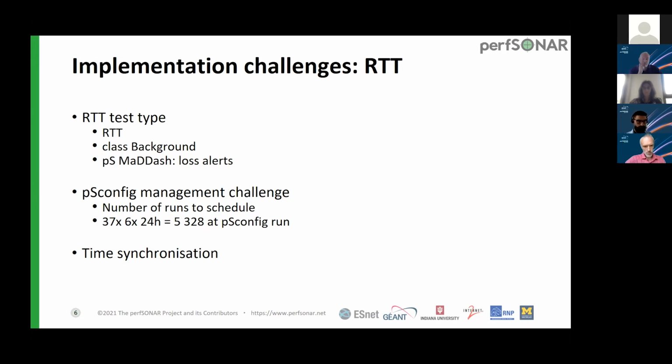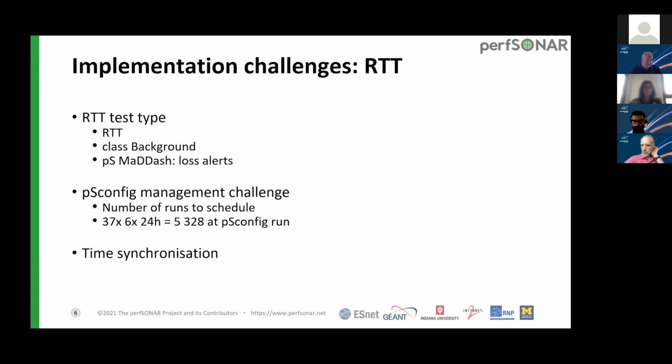And actually, from my experience, when there are so many measurements to be scheduled at once, because psconfig is trying to schedule and then tries again, this quite often leads to overloads. I'm also struggling with some file descriptor issues and so on, although I have found my way around that.